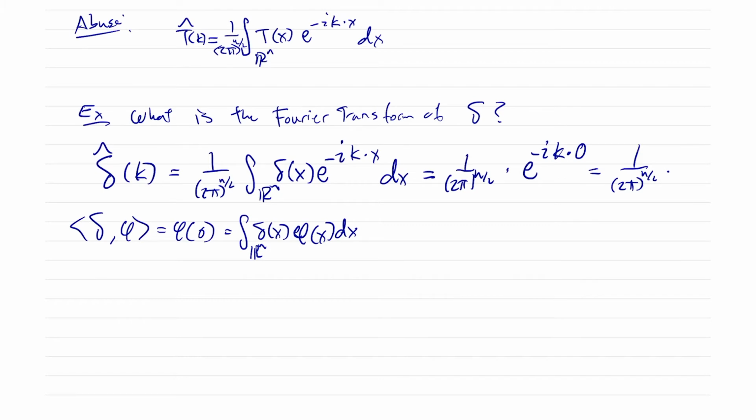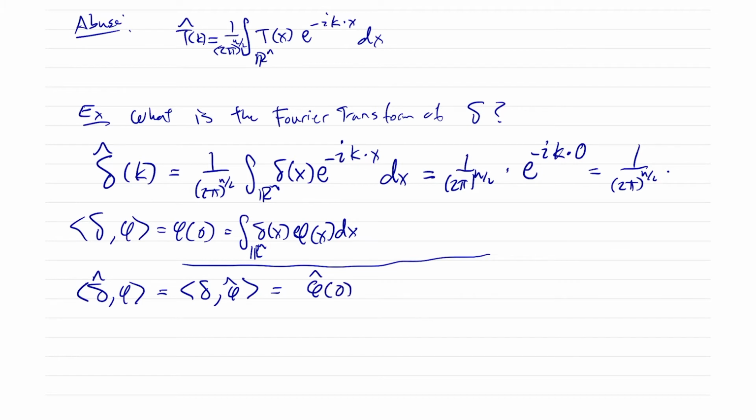Okay, so that's more or less the abusive notation and what we get out of it, but that's not formally how we show this. In order to do it more formally, we appeal to our newfound definition. Basically, delta hat on phi is equal to delta against phi hat. And this is the same as phi hat evaluated at 0.